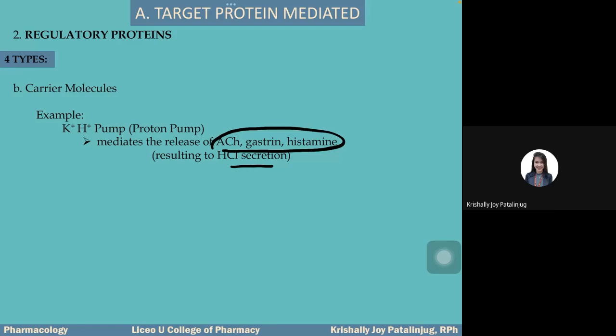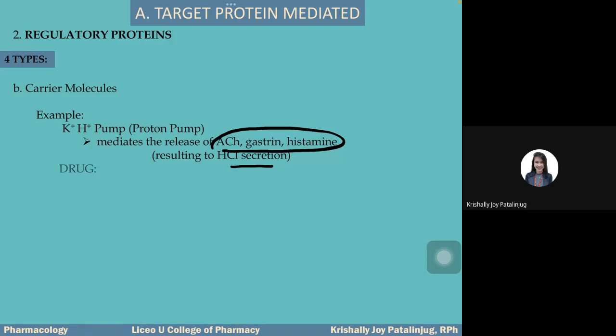For example, patients who are hyperacidic, who have ulcers, peptic ulcer disease, or let's say GERD, gastroesophageal reflux. So the proton pump needs to be inhibited because it mediates the release of these compounds that would cause increased HCl secretion.